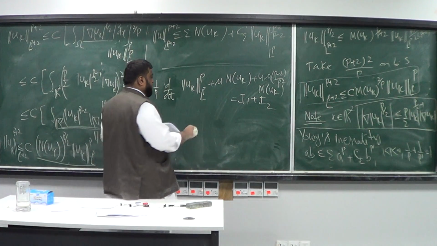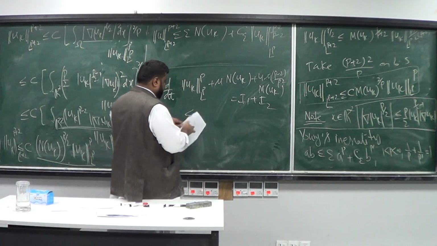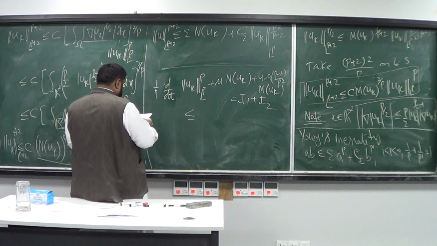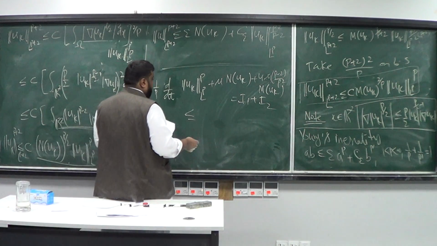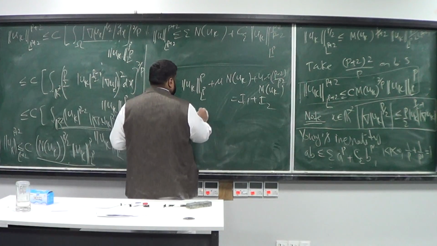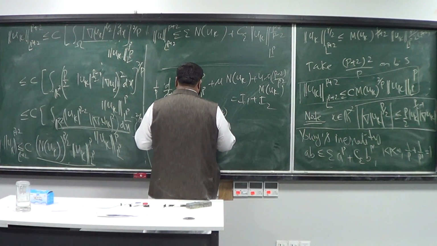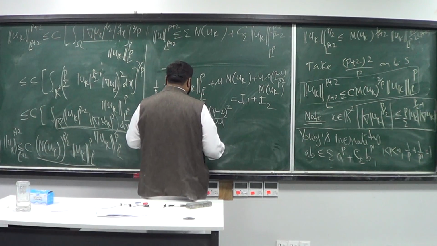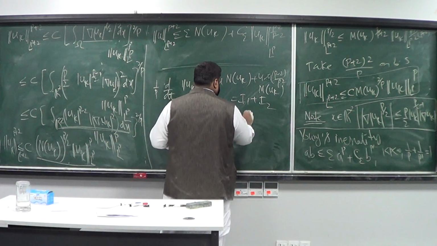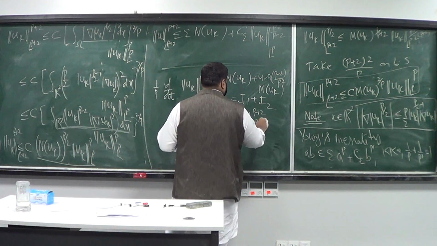So if I substitute these estimates, for example the estimates for I1 and I2. So what were the estimates for I1 and I2? The estimate for I1 was C times (p minus 2) squared over mu, times the L^(p+2) norm of u_k to the p plus 2.